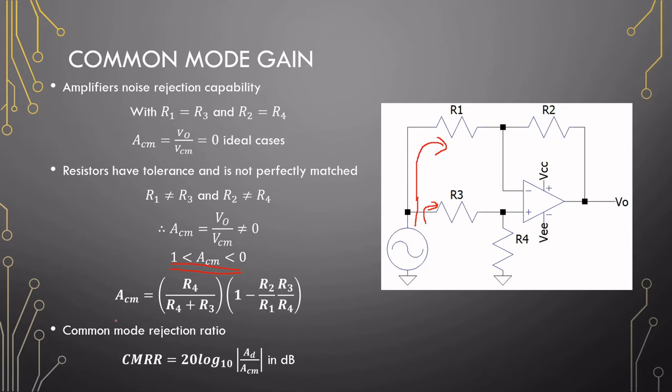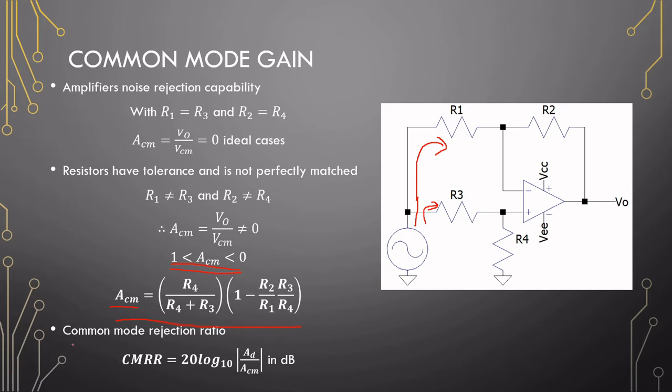So the common mode gain is described by this equation down here. So again, the voltage division and then some ratio of the gains. If you supply perfect resistor values in here, this will result in a 0. Okay, but we can use this with our resistor tolerances to find the worst possible common mode gain.